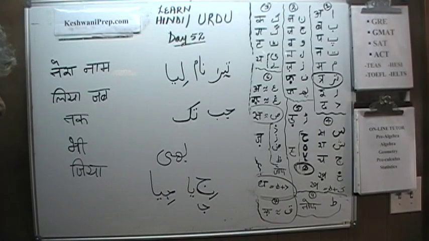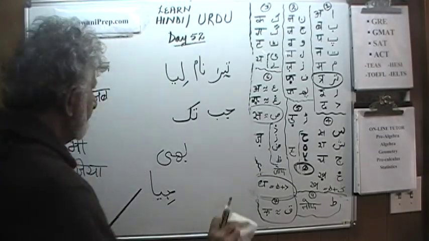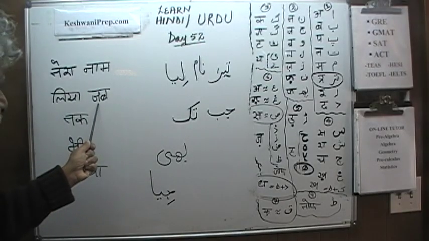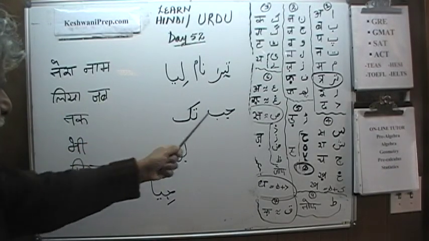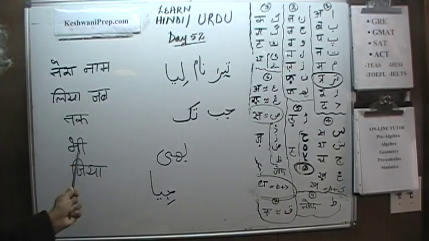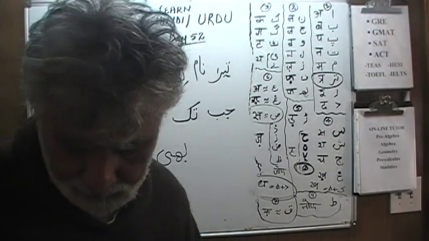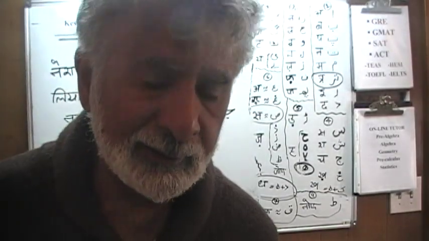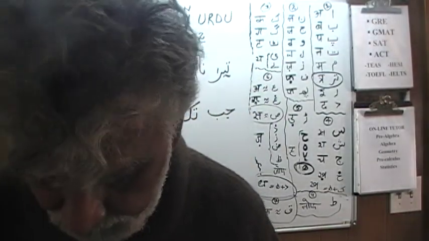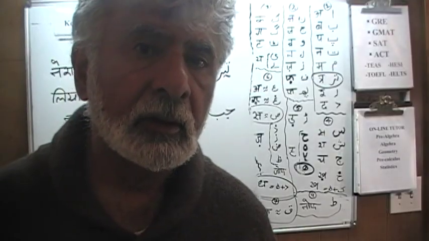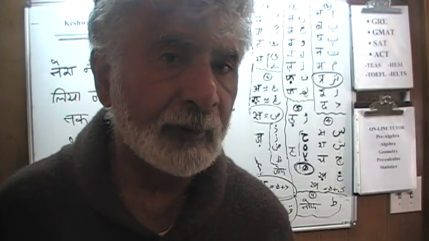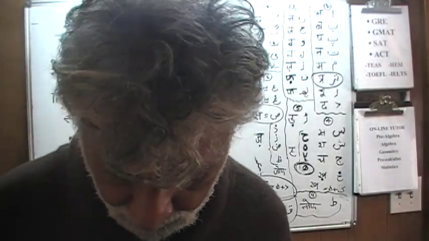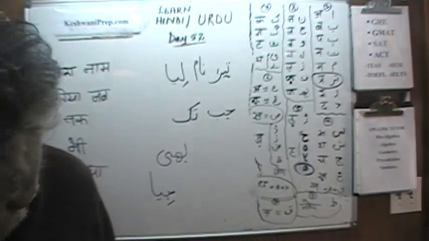And now it reads, Tera naam liya, jab tak bhi jiya. I will keep saying your name as long as I live. Your name will always be on my lips as long as I live and breathe. That's what it says.